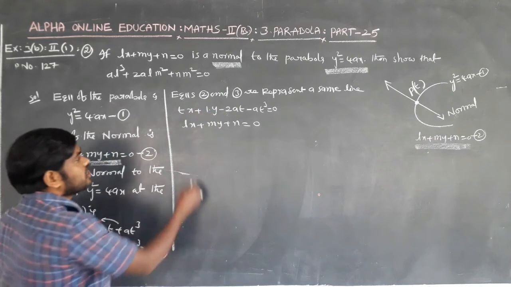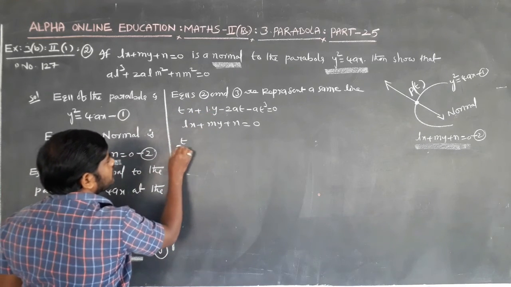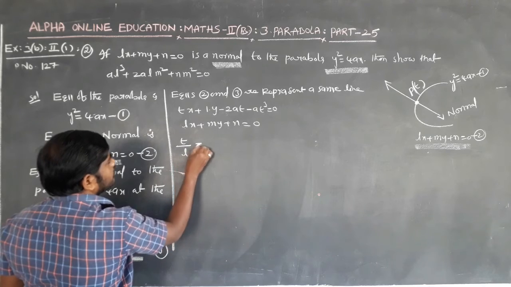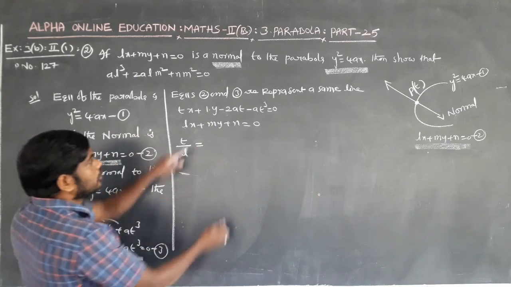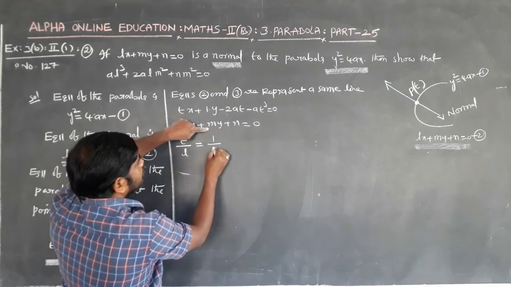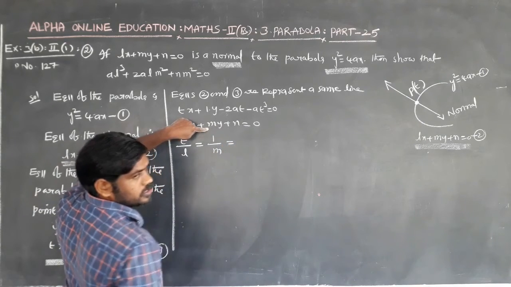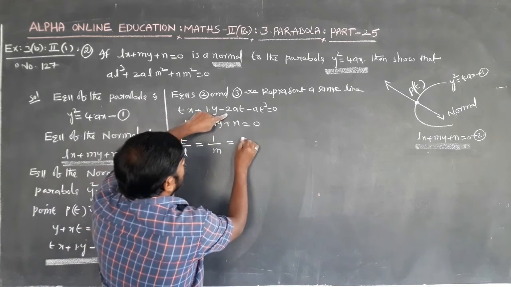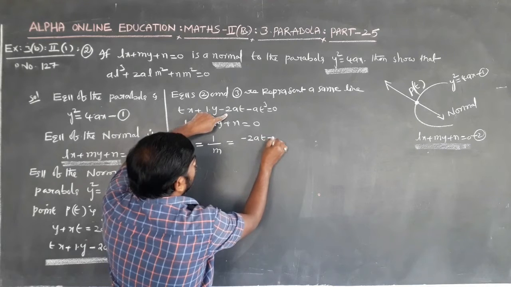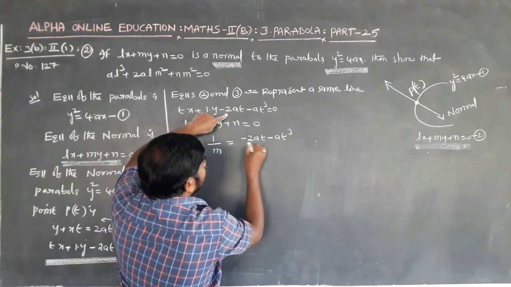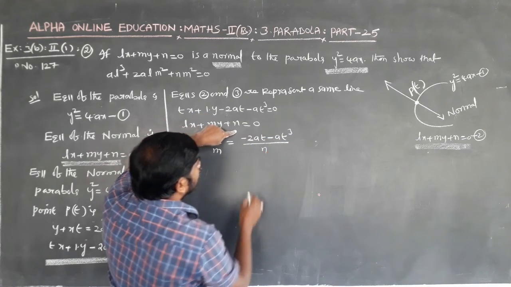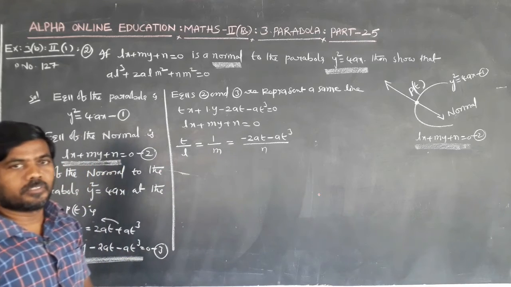Comparing coefficients: x coefficient t to l, y coefficient 1 to m, constant -2at - at³ to n.